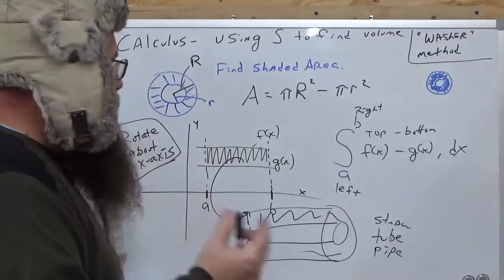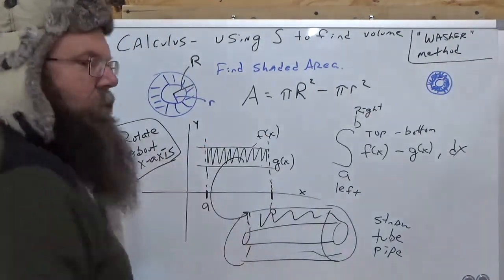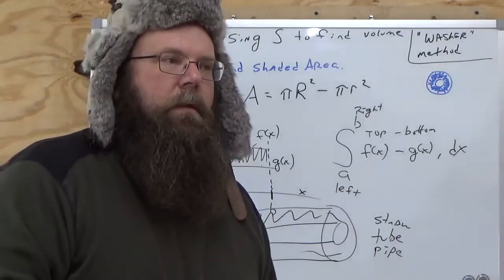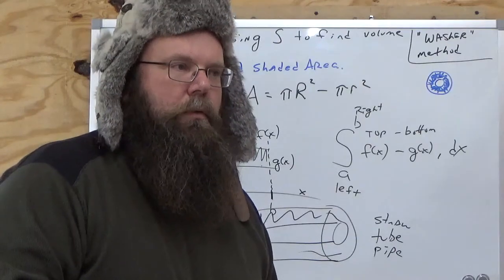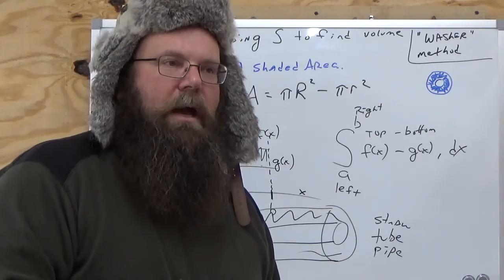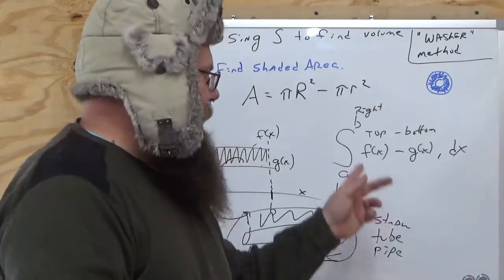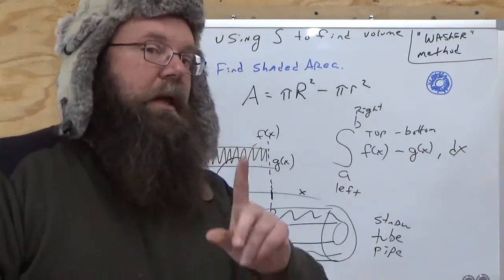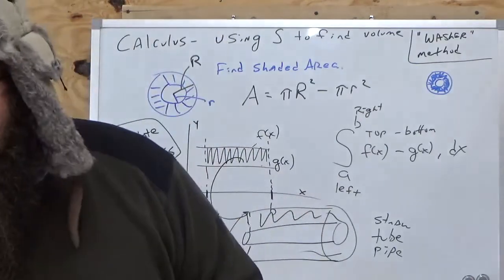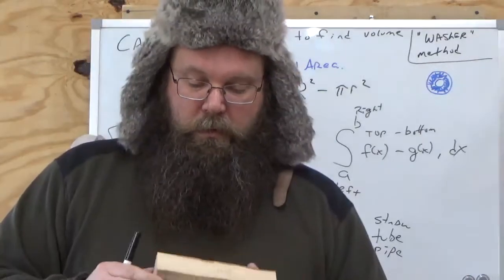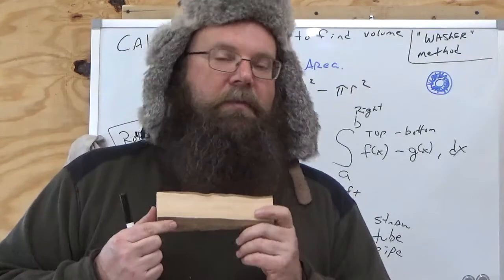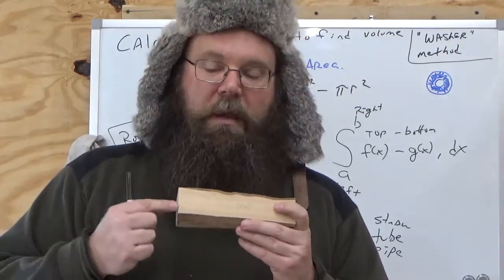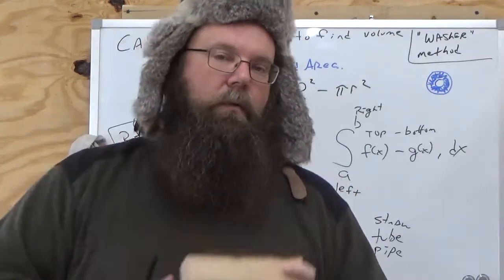So if we're rotating this around the x-axis, somehow we have to get volume out of it. So we're going to have to modify this area formula just a little bit. Just like the area of a rectangle is length times width, we have to add something to make volume: length times width times height.